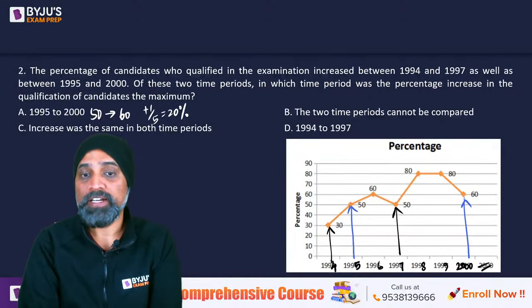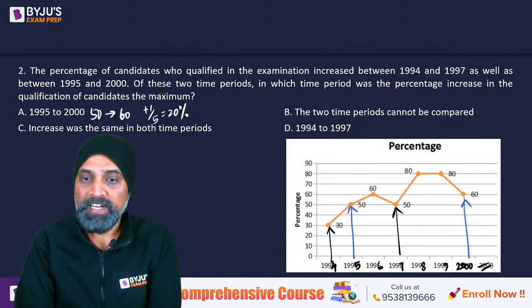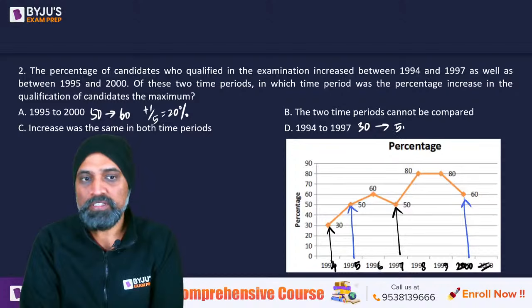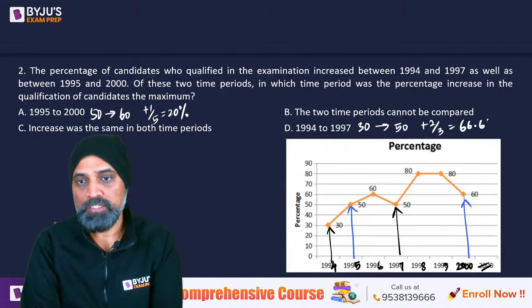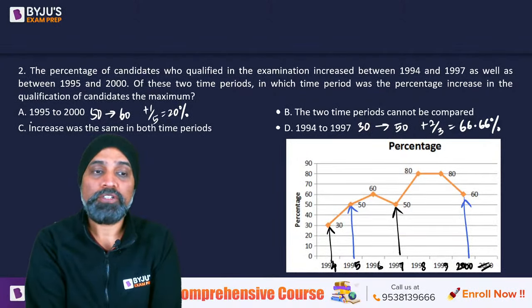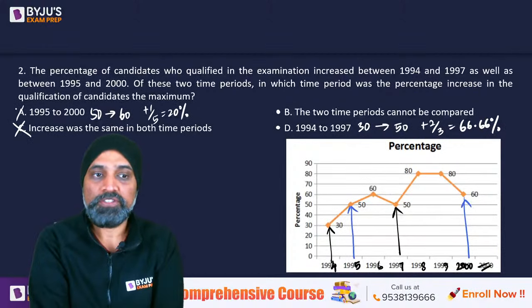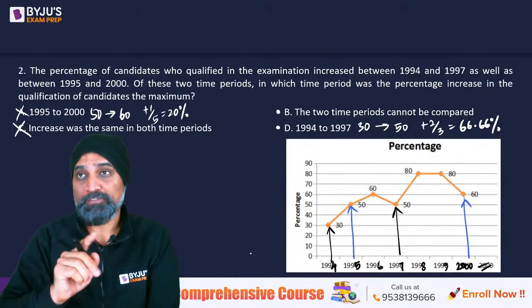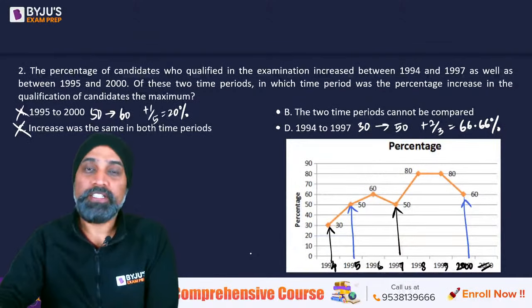Okay, let's calculate 94 to 97 then. From 94 to 97, 30 has become 50. So that's an increase of 2/3, which is 66.66%. So the answer is either going to be D or it's going to be B, because definitely it's not same and this is not same. So the answer is going to be Bravo if they're asking us the number of students can increase.